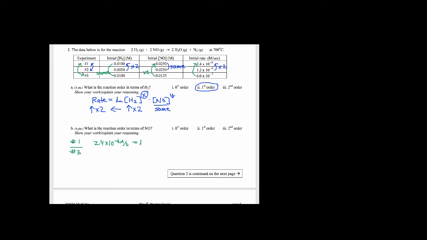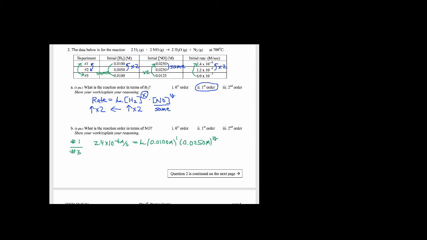We know that that's equal to a rate constant times the concentration of H2, which is 0.0100 molar, and we've already determined that's first order, and then times the concentration of NO, which is 0.0250 molar, and that is to the Y power, which we're going to determine.